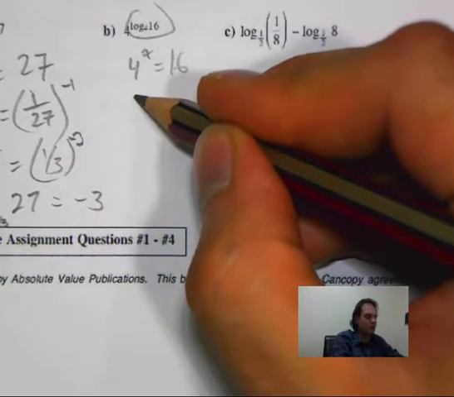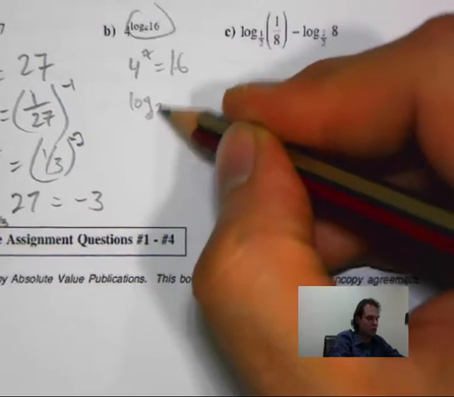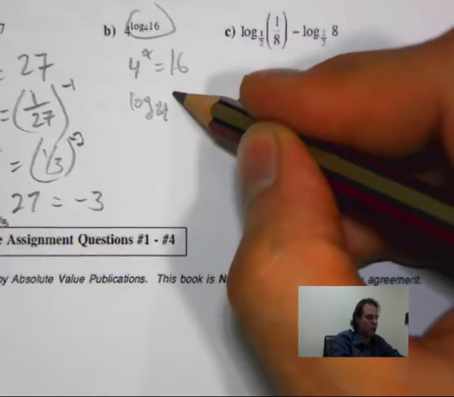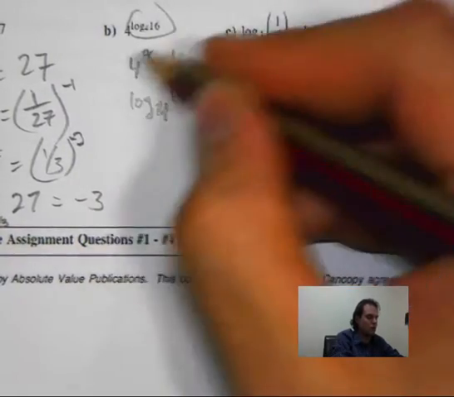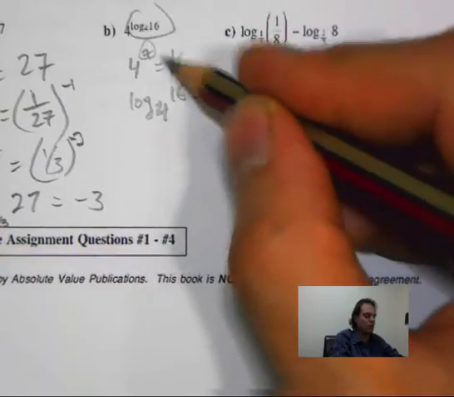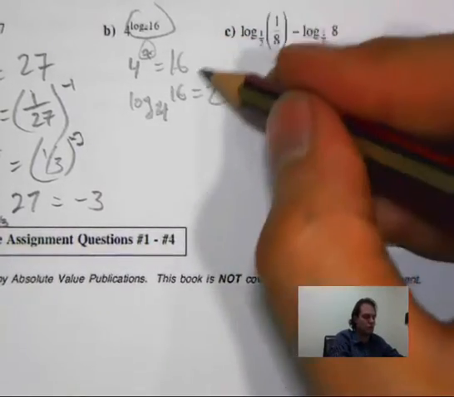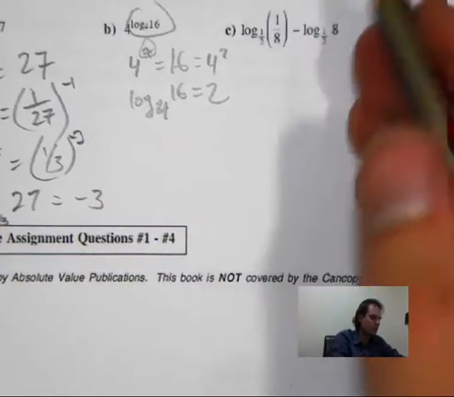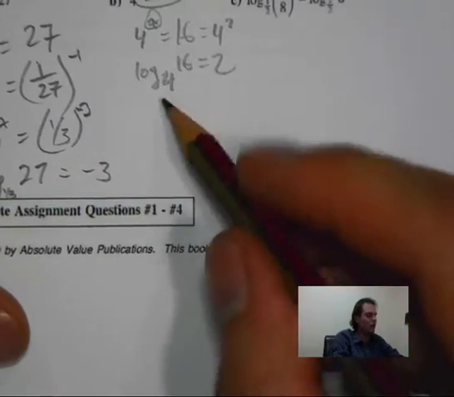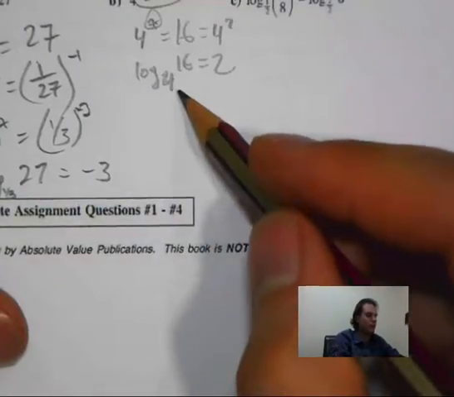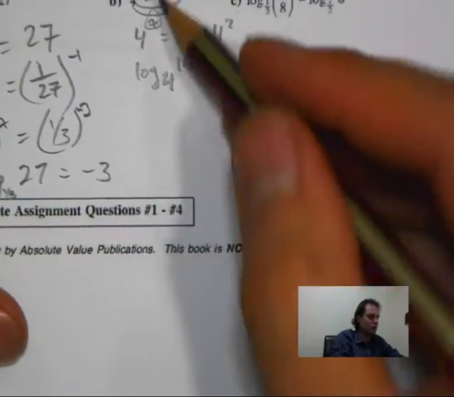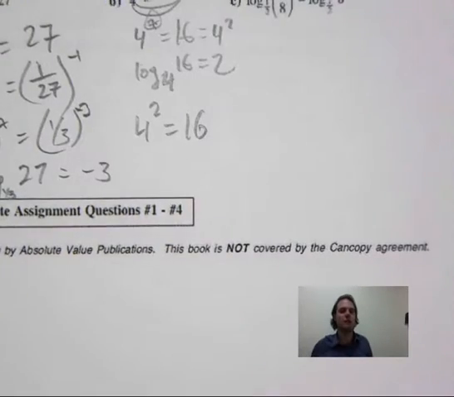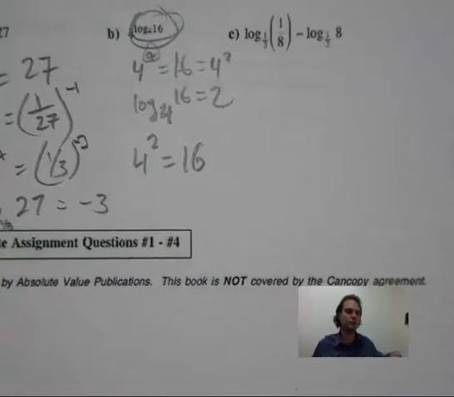So then log base 4 of 16 is equal to 2, because 16 is the same thing as 4 squared. Now I'm going to continue this. We know then that this is equal to 2. So 4 to the 2 is equal to 16. That's it. Okay?